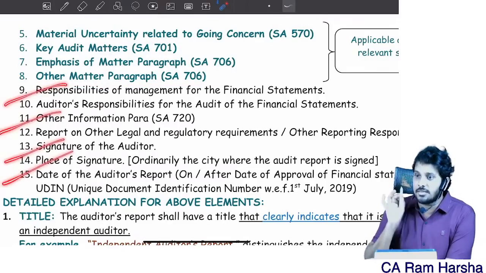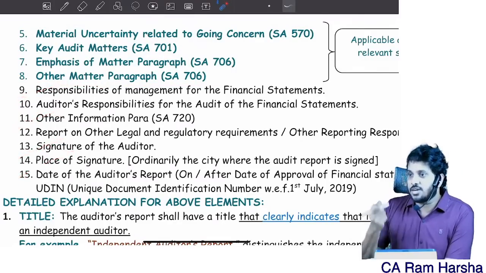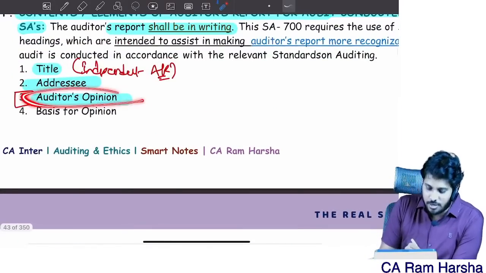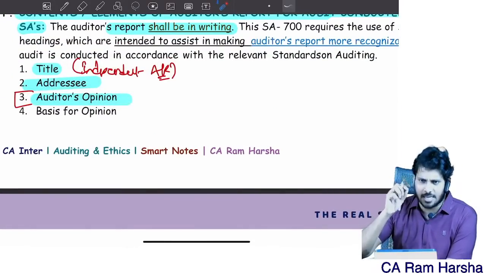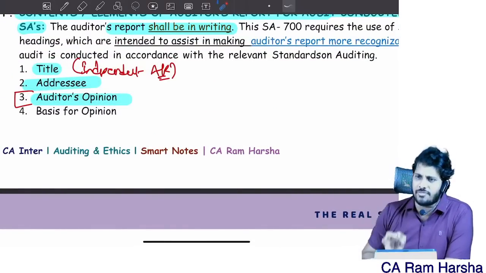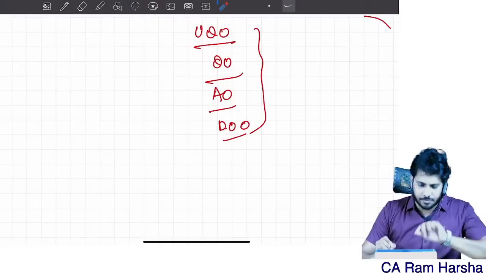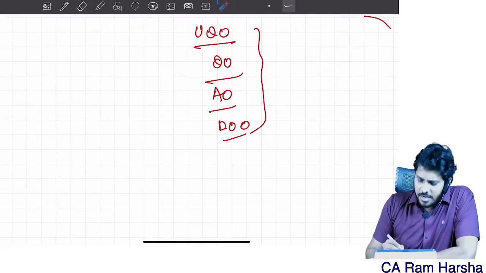We will discuss all of this in the auditor's report chapter. Opinion discussion alone takes some 20 minutes to half an hour in revision, minimum 20 minutes. So fine, let's discuss that.